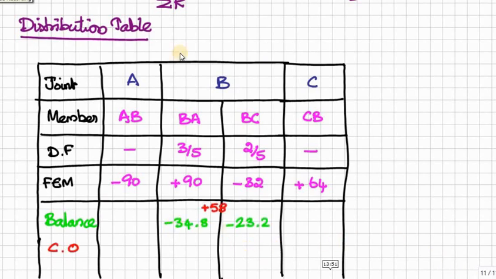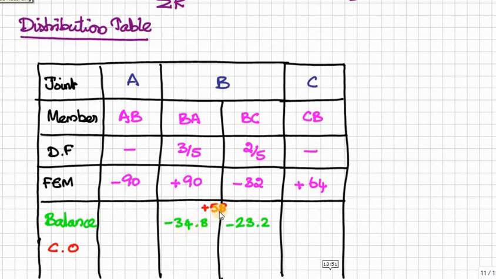So for BA member, this is plus 58, the actual no difference between these two. Okay, the extra moment we have at B. Therefore, we have to apply in the opposite sense. So minus 34.8 to BA, that is 58 minus 58 into 3 by 5 is equal to minus 34.8.